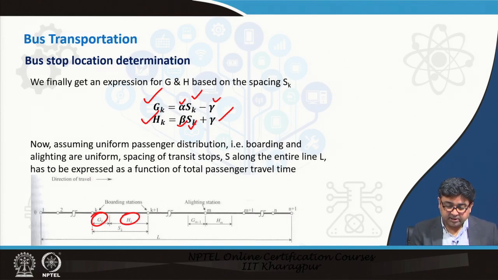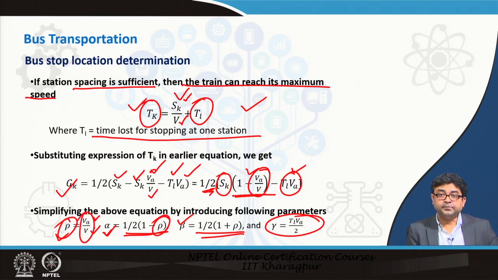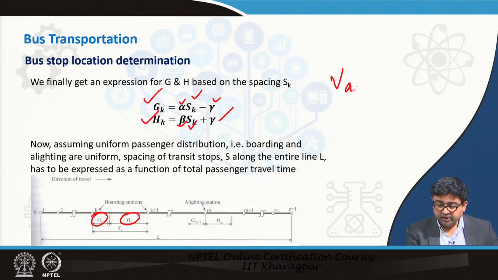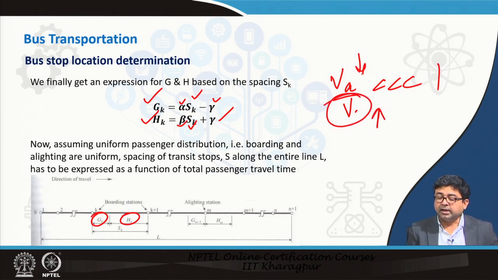Gk and Hk are governed by alpha or beta, which are again governed by rho, and rho is nothing but Va by V. So, when Va by V becomes very small, meaning this is too high and this is too low, that means the speed on the metro line is much larger than the access speeds to the metro line.